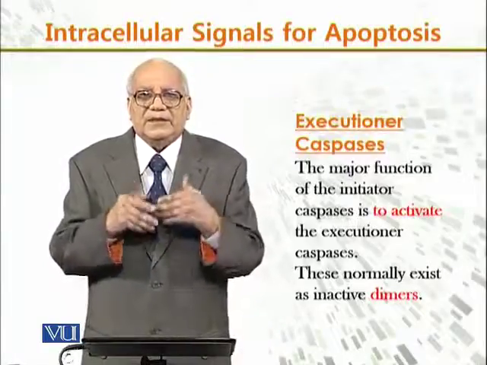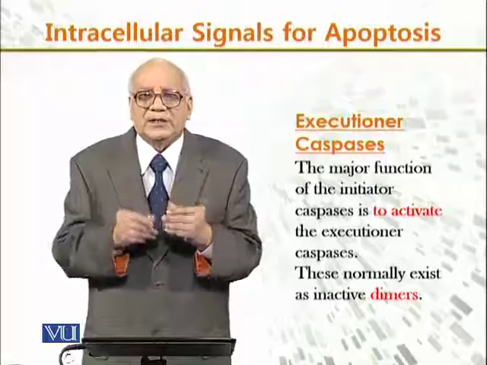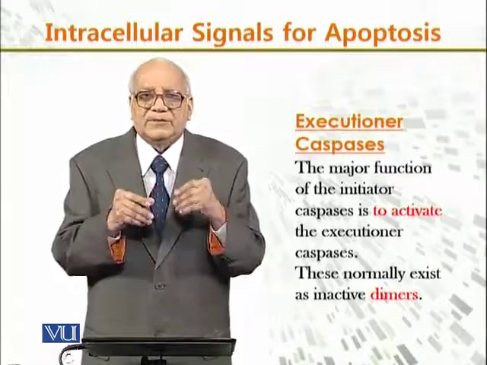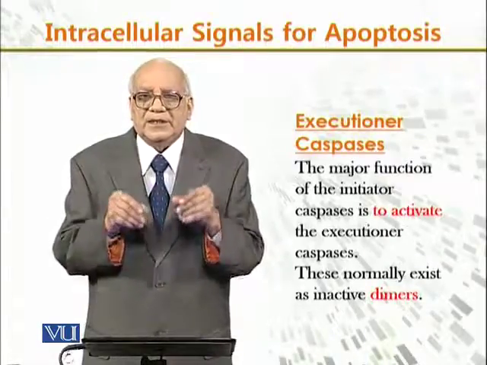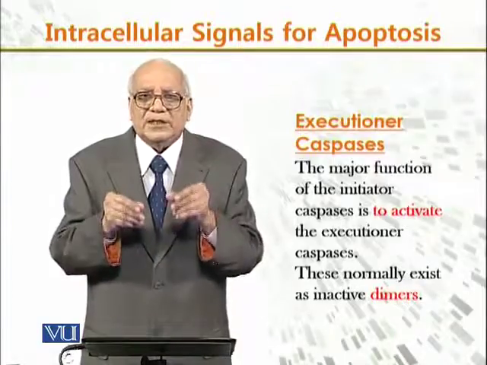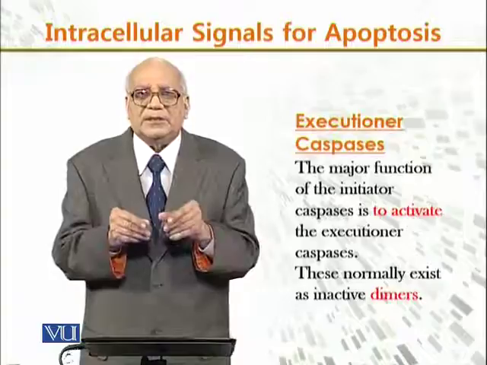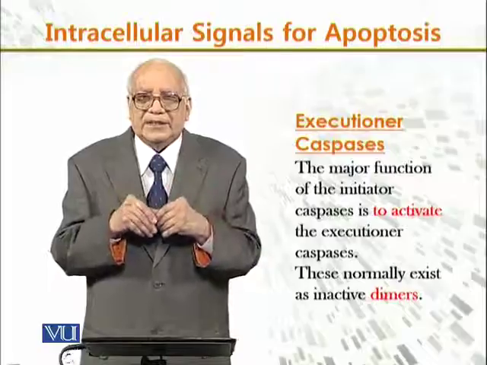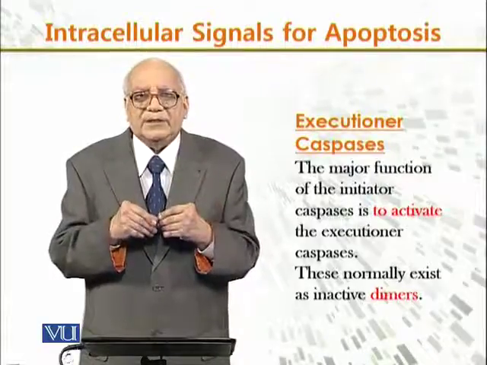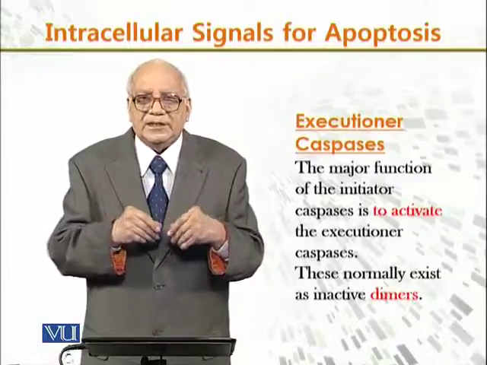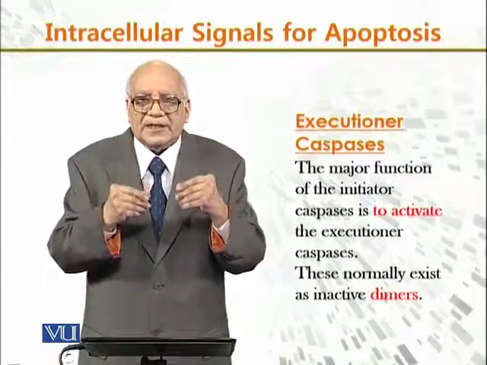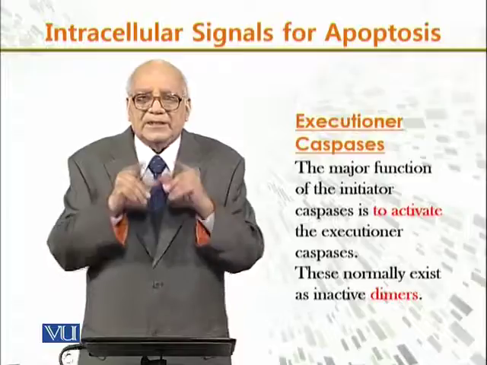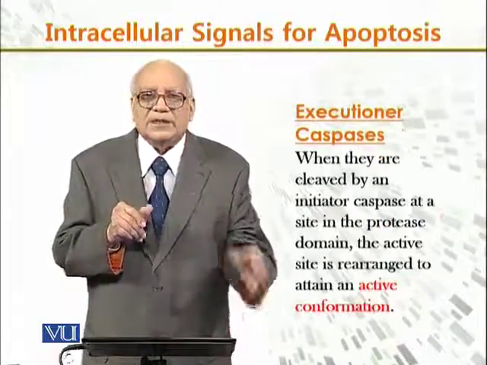Now, the second caspases are the executioners, which carry out the cell death. So the major function of the initiator caspases is to activate the executioner caspases. The executioners normally exist as inactive dimers, whereas the initiators occur as monomers.